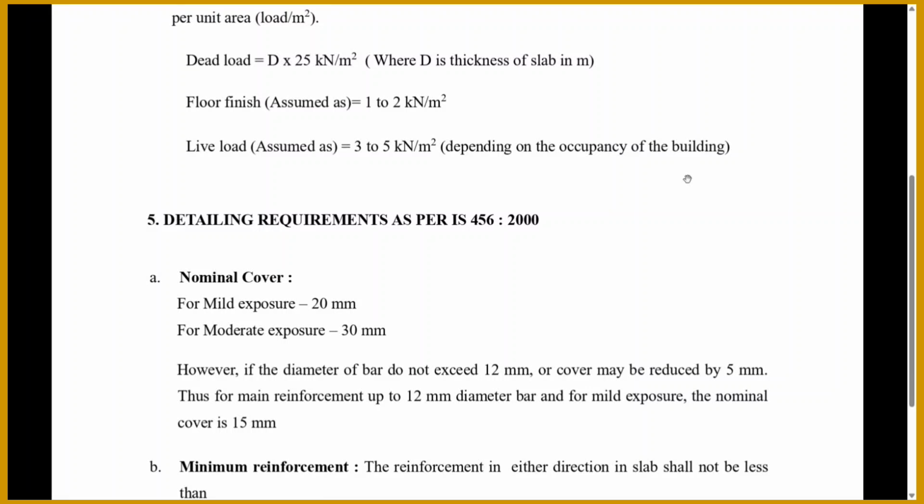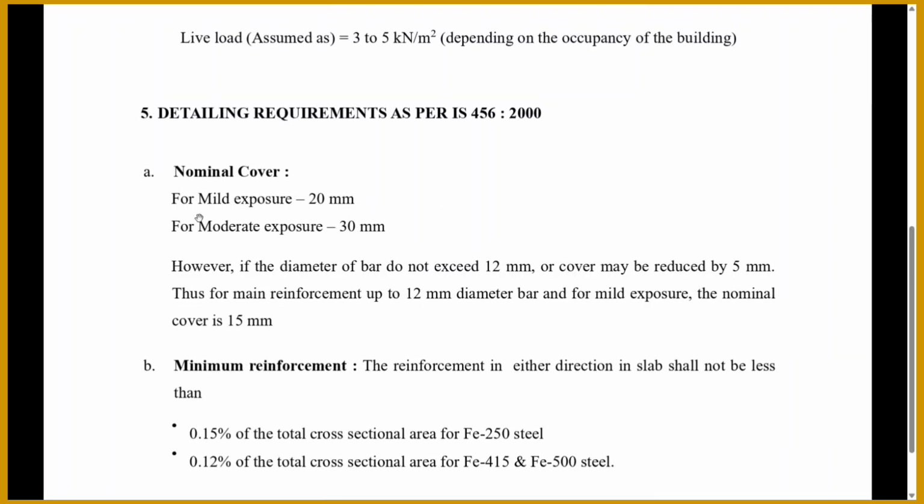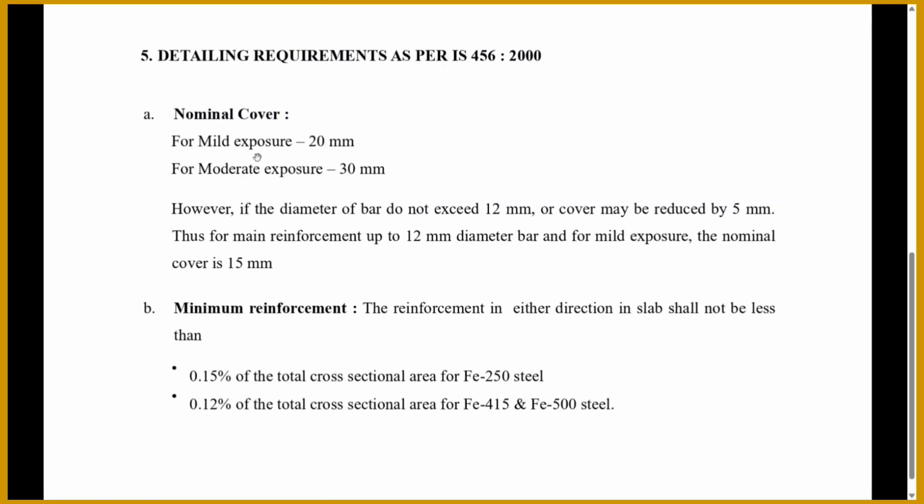Next is the detailing requirement as per IS code 456-2000. First is the nominal cover as per the IS code. If you use mild exposure condition, you will have to give 20 mm cover for the slab. If your exposure condition is moderate, you will have to give 30 mm cover for the slab.